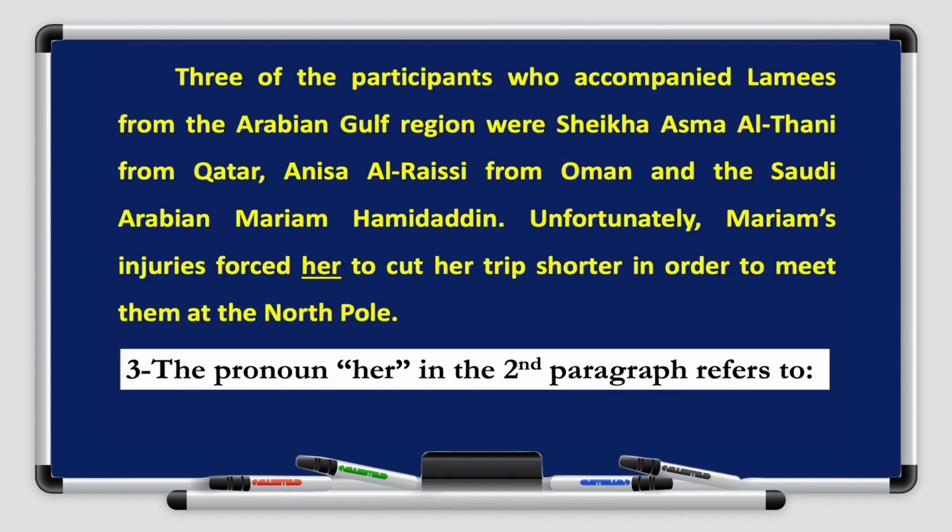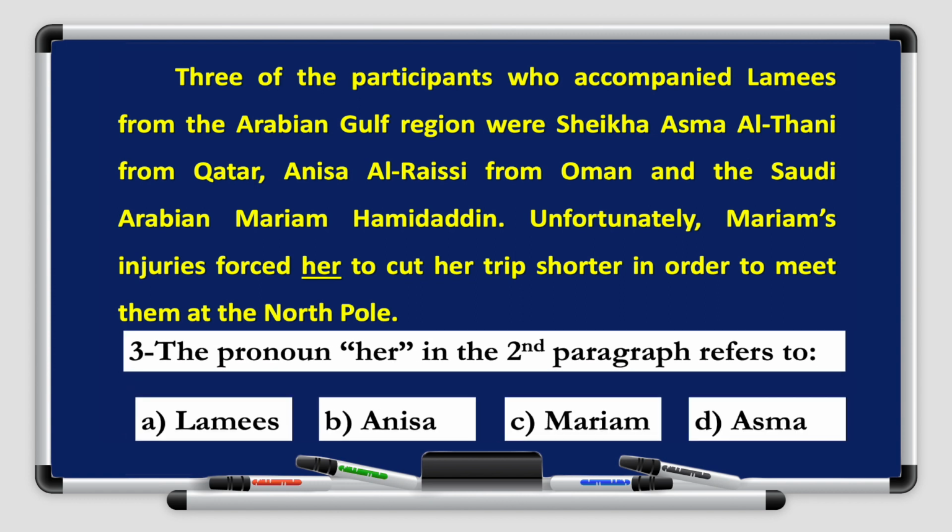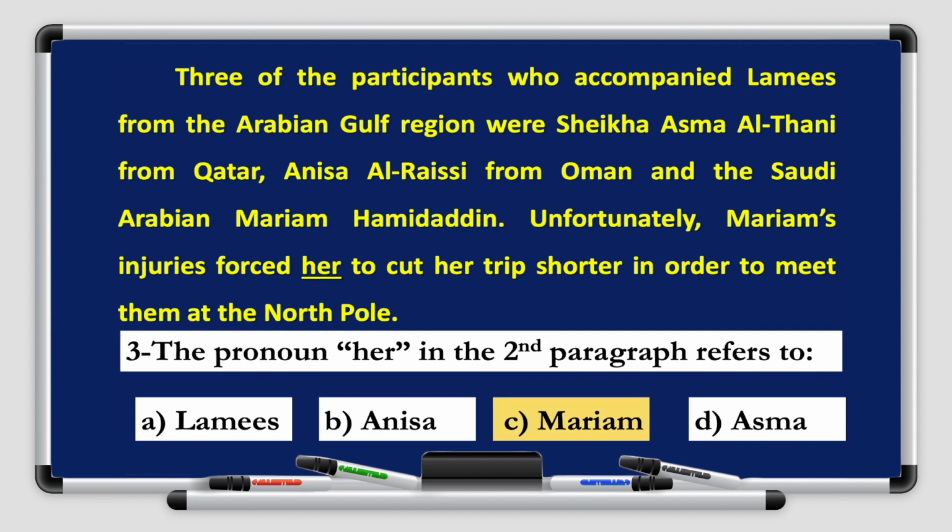Question number 3. The pronoun her in the second paragraph refers to Lamis, Anisa, Maryam, or Asma. To answer this type of question, you have to read the sentence before the actual pronoun, which is her. So reading the sentence before her, what does it say? It says, Maryam's injuries forced her. Whose injuries? Maryam. The answer is Maryam's injury.